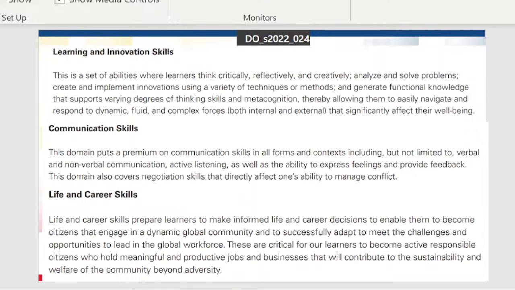Verbal, non-verbal, express their feelings, provide feedback. Communication skills is also when you learn to negotiate and to manage conflict. Life and career skills prepare the learners to make informed life and career decisions, enable them to become citizens in a dynamic global community.